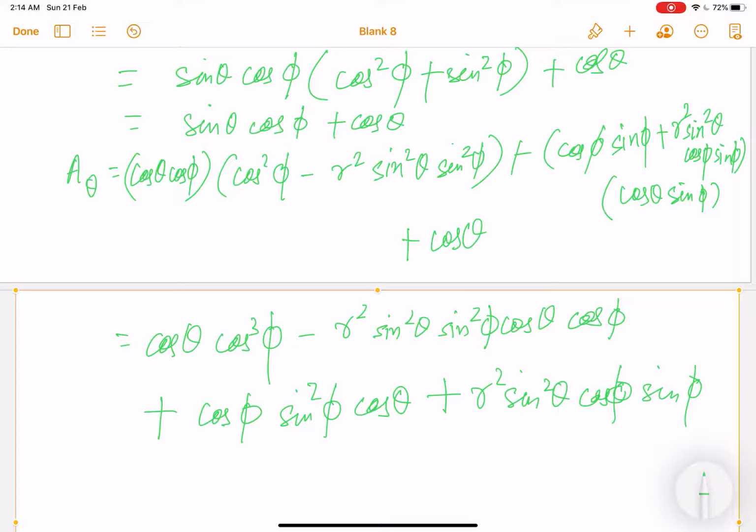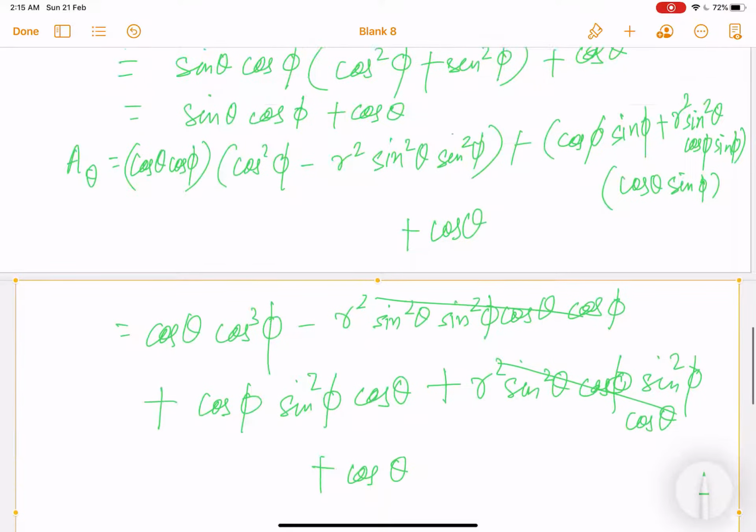Okay, then this sine square phi into cos theta. This is plus cos theta. Did anything get cancelled? I think this again got cancelled. Yeah, this is the same term.